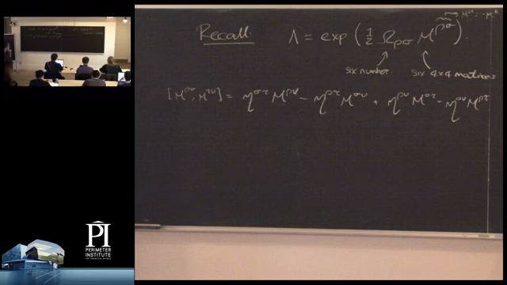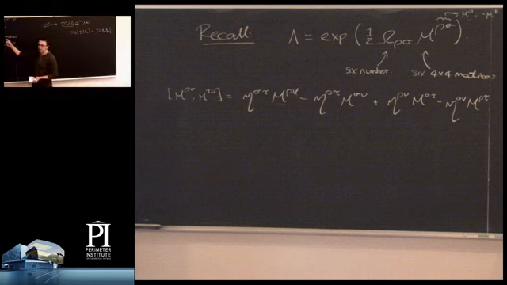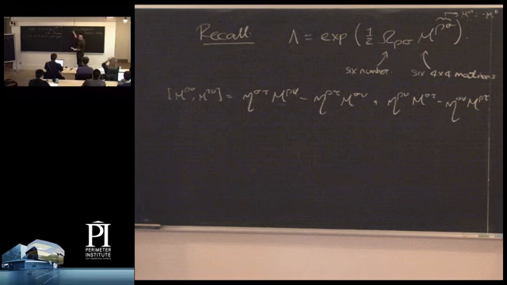Good. The slightly pedestrian answer to that, there's probably more elegant answers, but let me tell you the pedestrian physical answer, is the following. You have a new representation. You introduce a new field, some column vector that this representation is going to act on.